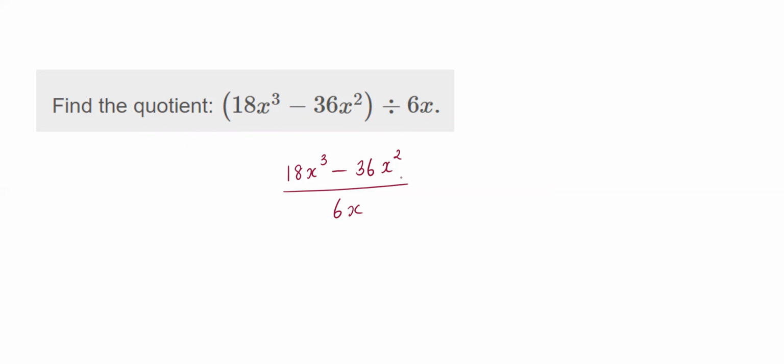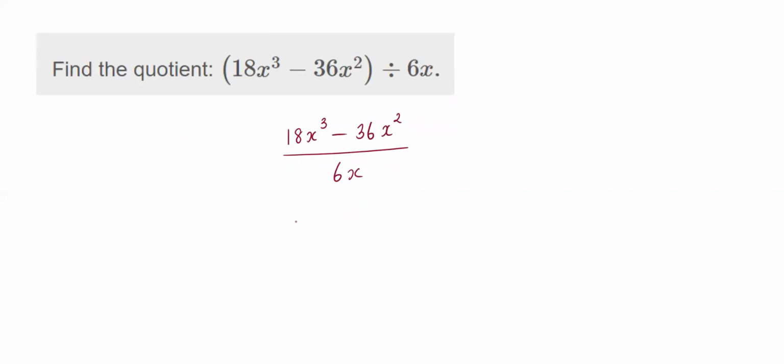If not for the parentheses, then it would mean that the 36x squared is the only term that gets divided by 6x. So please understand the importance of parentheses. As we can see over and over again, it gives us big clues, clear information on how to handle the problem. Okay, let's separate this as 18x cubed all over 6x minus 36x squared all over 6x.